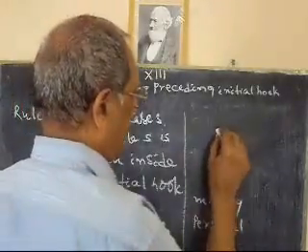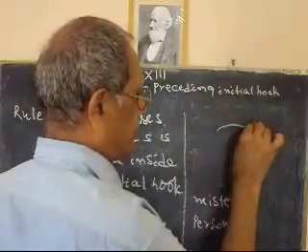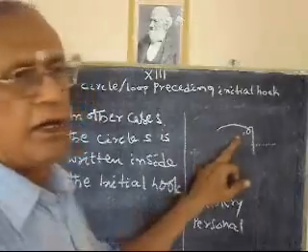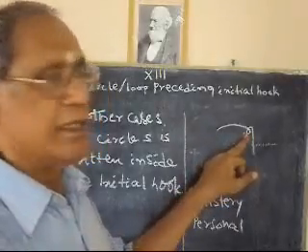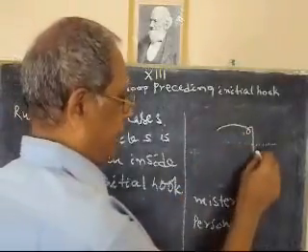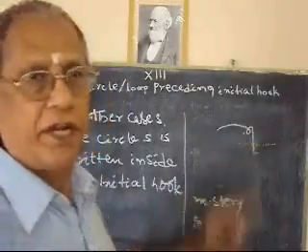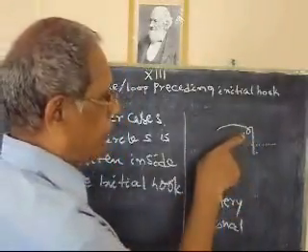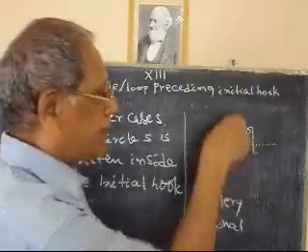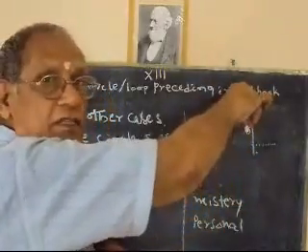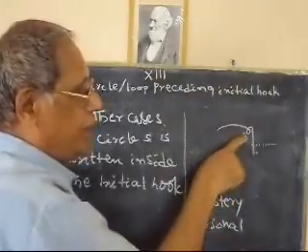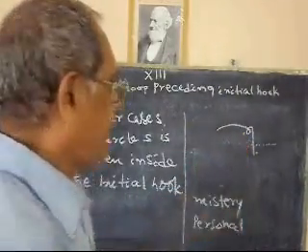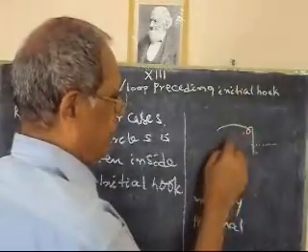Mystery. Circle, sir. Me, ster, e. Mystery. Here, you see, this dot should not come here because there is an S consonant. Therefore, it is written there itself after M. Me.